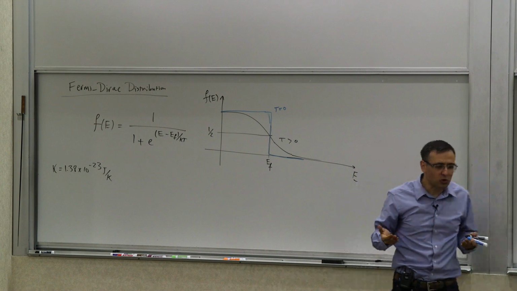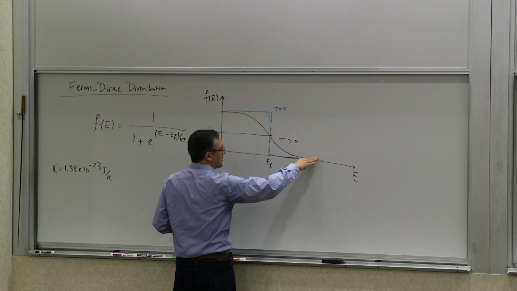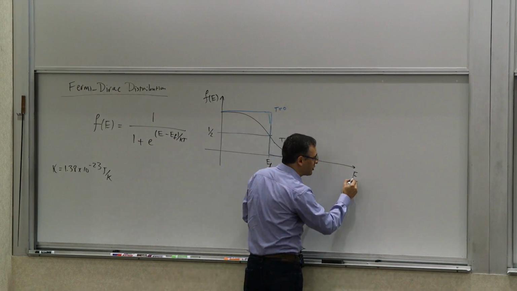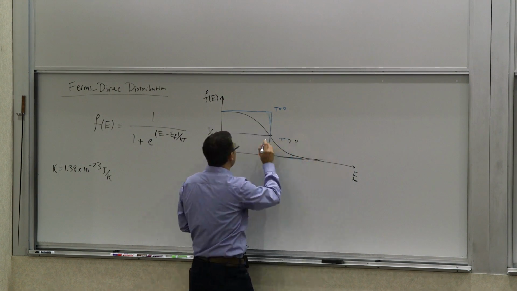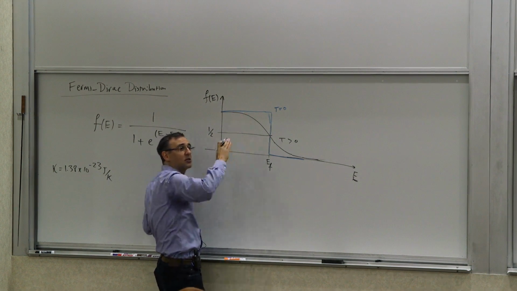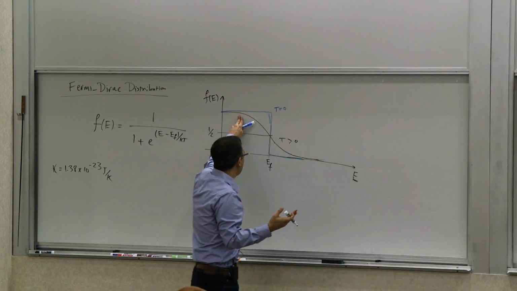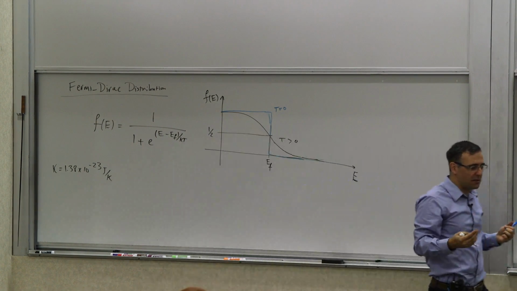It shows you that there's an exponential tail. There will always be electrons with very high energy, but the higher the energy you're targeting, the fewer of those there will be. And there will always be the probability of not finding an electron at low energies, which, for example, can correspond to holes in the valence band, down here. Okay? So this is the Fermi-Dirac distribution.